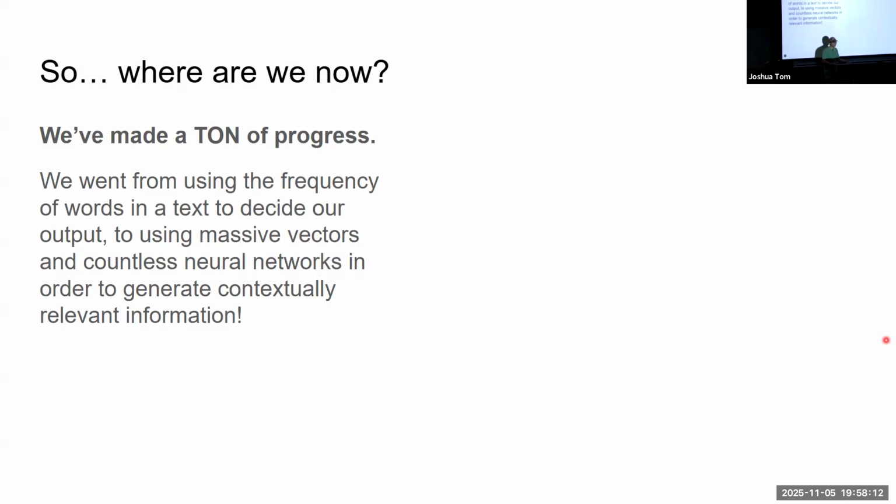We went from using that to predict words to using neurons, matrix multiplication, keys and queries, and words tying into one another. And that turns word generation from a statistics game into something that actually resembles how we think and speak and communicate.